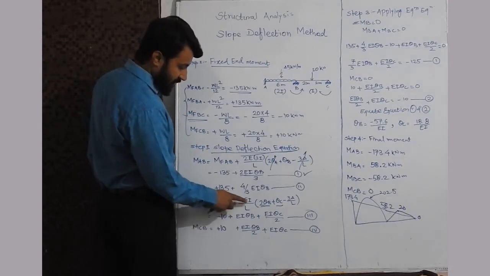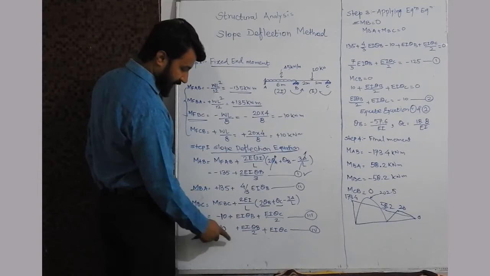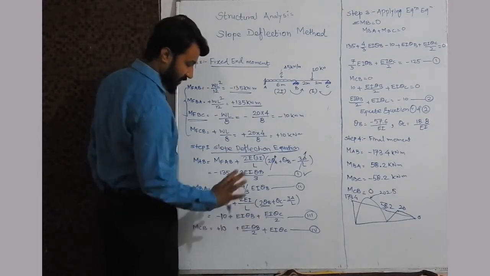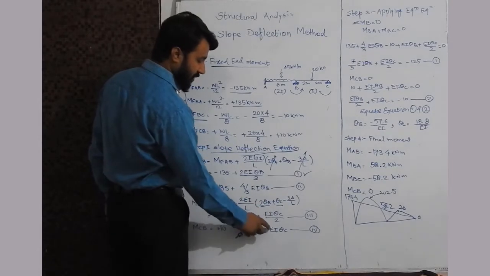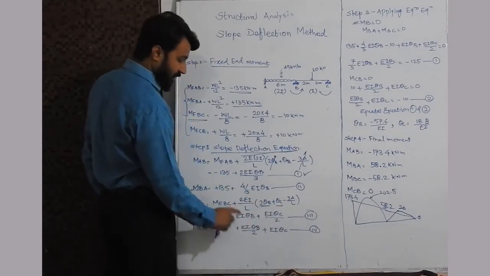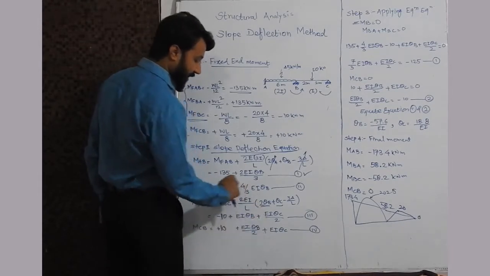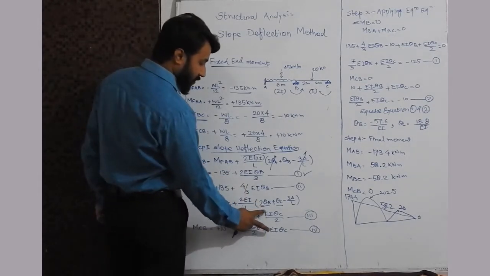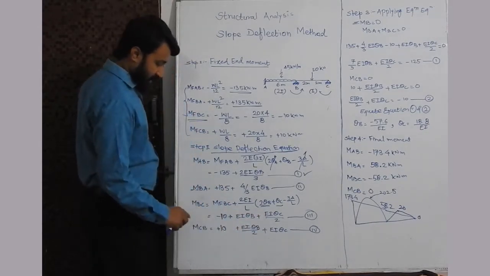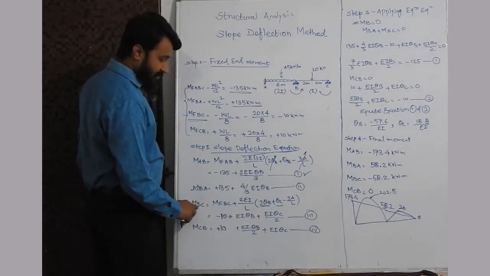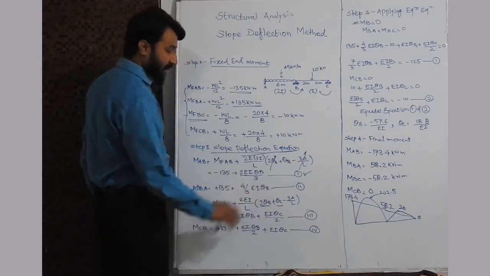If you compare, here you can see EI theta B, and in the next equation you can see 1 by 2 EI theta B. Here you can see EI theta C by 2, in the next equation you can see EI theta C. So I am writing it directly because I know that in BC theta B will be twice, and in CB theta C will be twice. That's why I am directly writing this value.